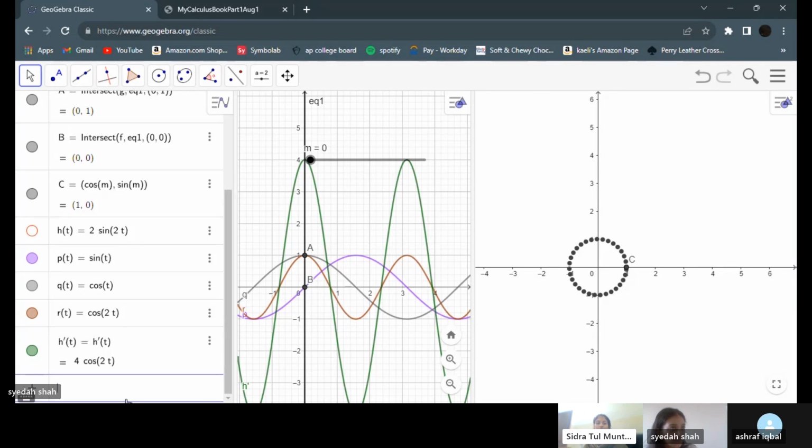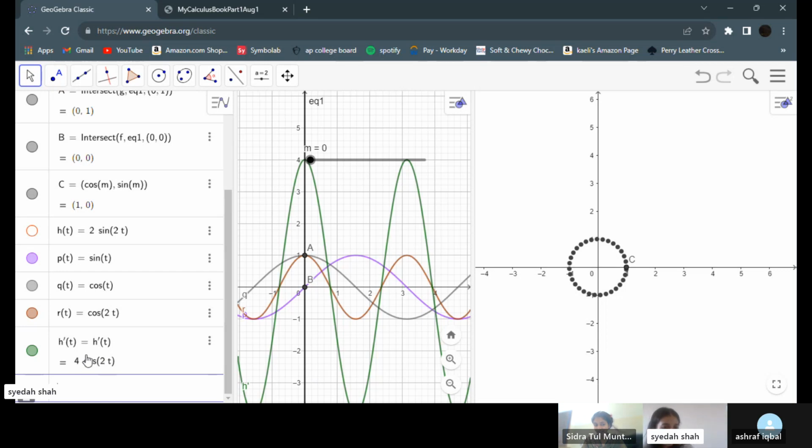Yes, now it is 4 cosine of 2t. So now look at the waves of the 4 cosine of 2t in the GeoGebra window. So what is the amplitude of this wave? It's gone up to 4. Yeah. Why is it going to 4?